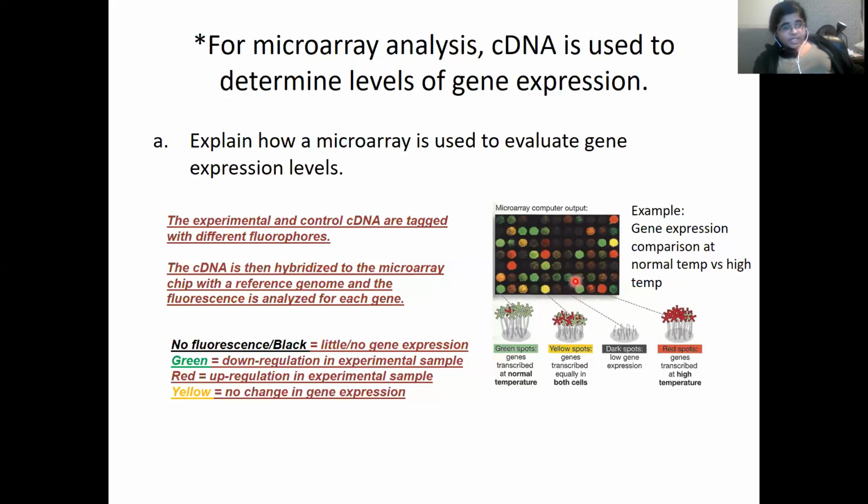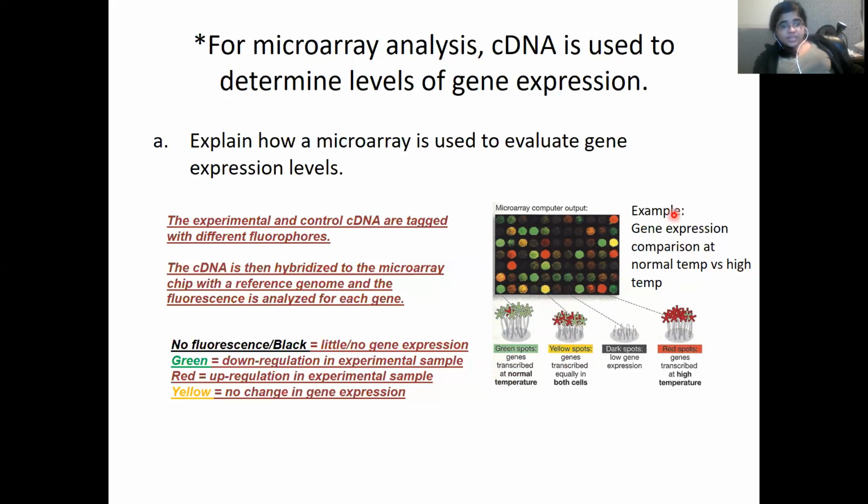When you see green, there is downregulation happening. Red shows very high regulation, or upregulation. But when you see the yellows, those show no change in gene expression.